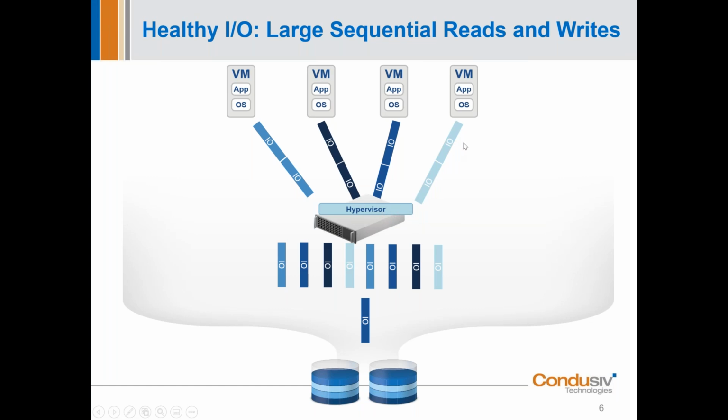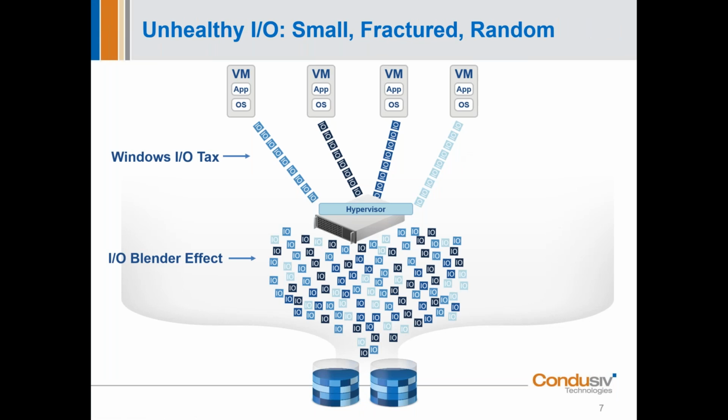But as soon as you virtualize, or even in a physical environment, the Windows I/O tax and the I/O blender effect enter into the fray. The Windows I/O tax is true in both physical and virtual environments. It's present in a virtual environment along with the I/O blender effect.